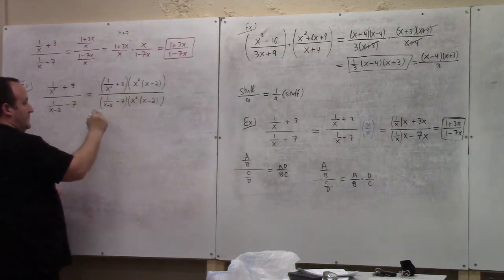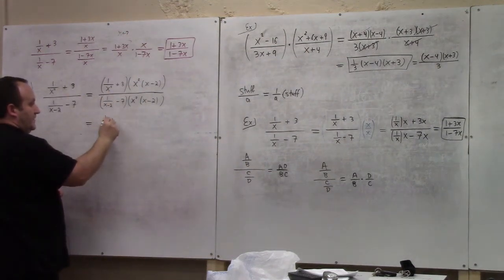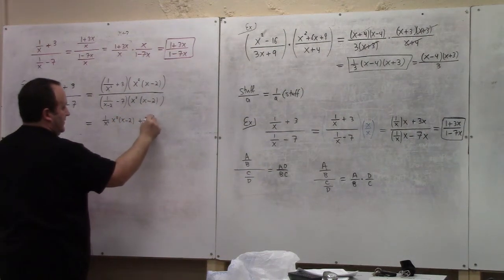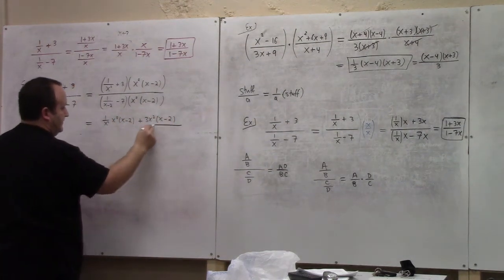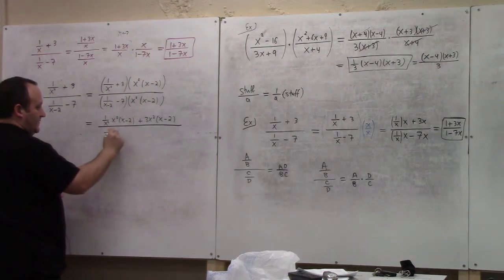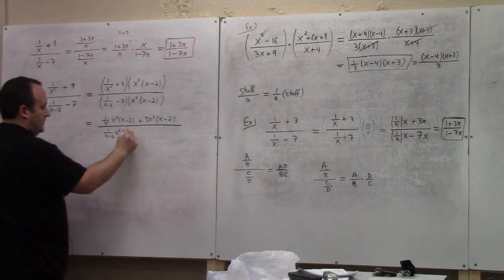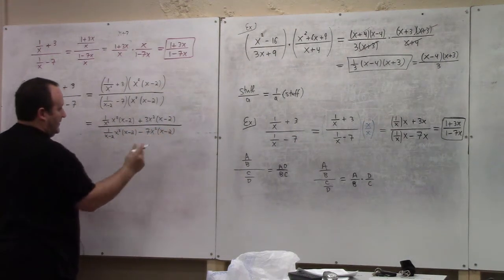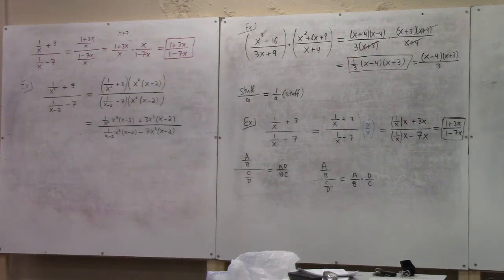We get 1 over x squared times x minus 2 plus 3x squared times x minus 2, over 1 over x minus 2 times x squared times x minus 2 minus 7x squared times x minus 2. So I've done nothing there but distribute through the multiplications.